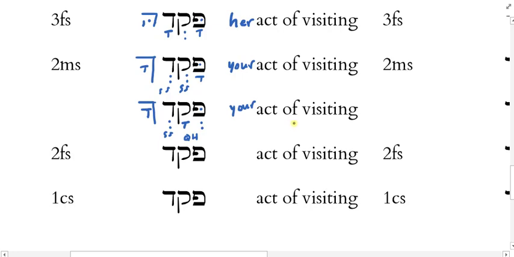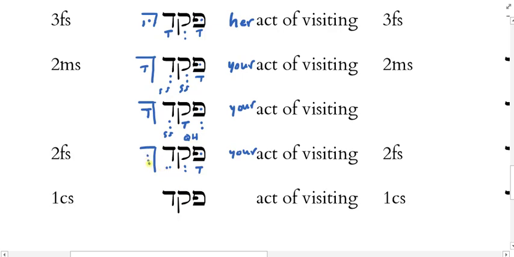Now, over here for your active visiting, where the you is a woman, I'm going to have poke, and then I'm going to use my 2fs ending, which is -ech. Poke-dech.